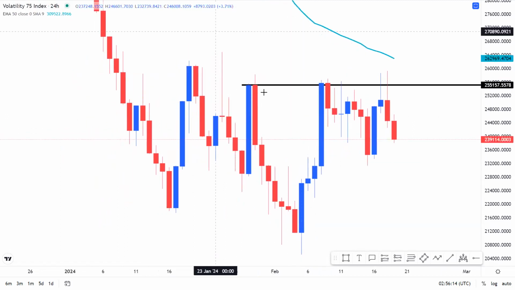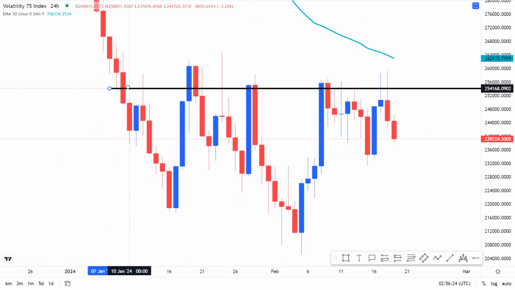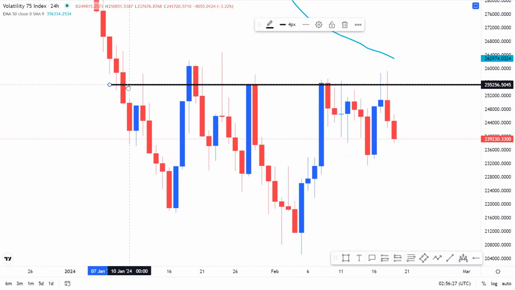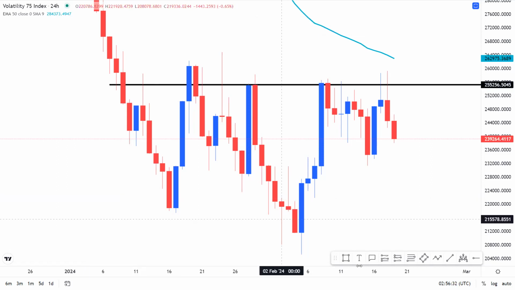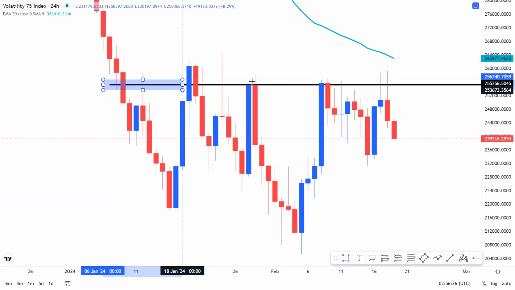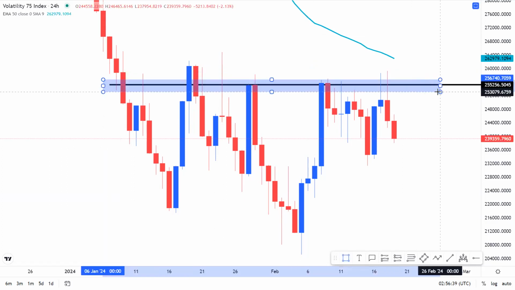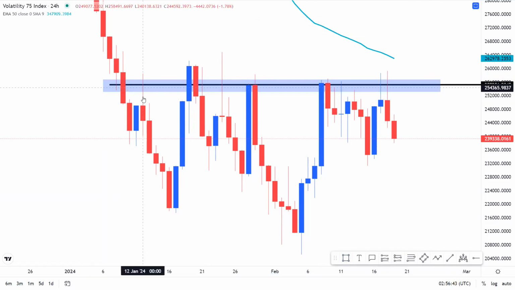And then just to show the strength of this level, if we take this all the way back to the past, you can get to see how for every one of the times we have tested the level, we have had huge sell-offs from the level, right about here, and then right about here, even before we had this sell-off also.